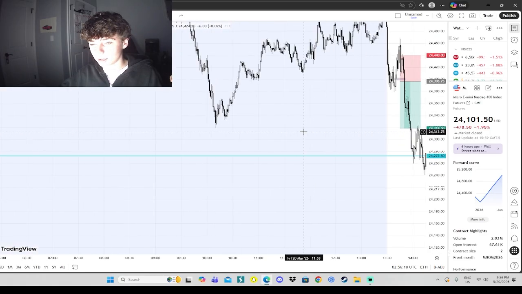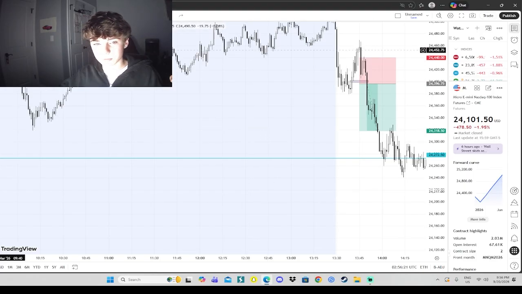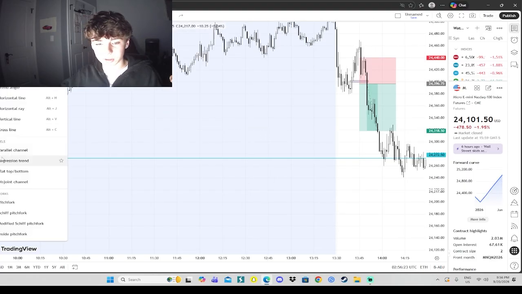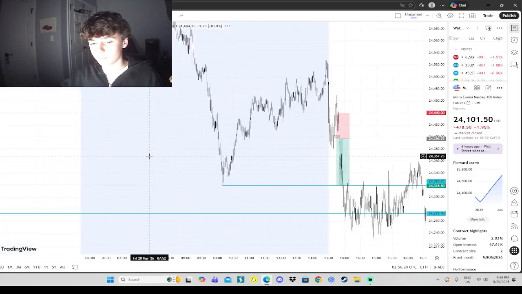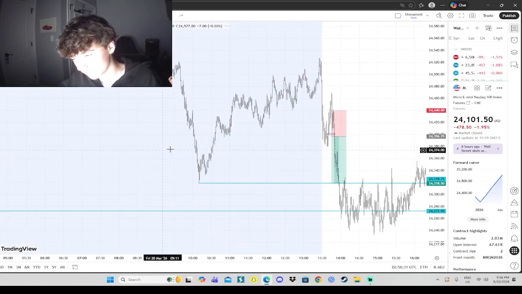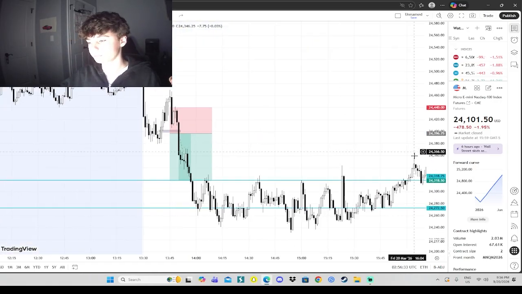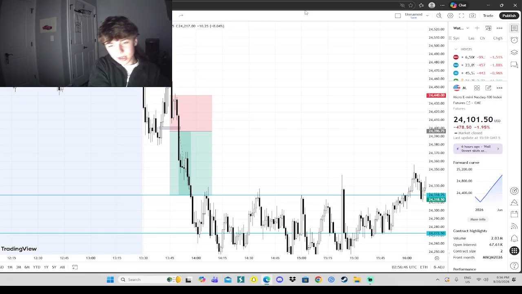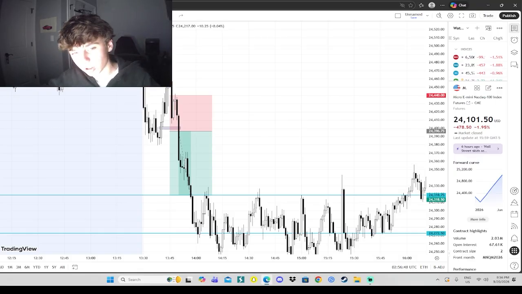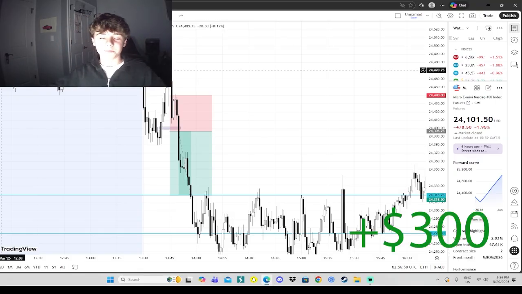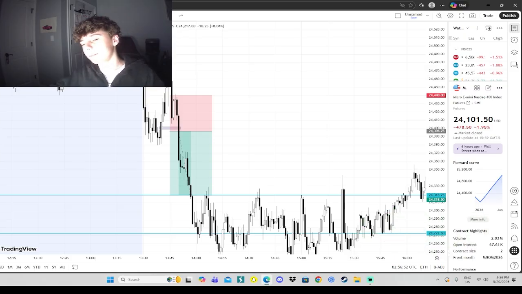And this was my draw on liquidity right here, which was a very clear objective of the day that we wanted to go to. Anyways, I ended this day with around a $300 profit. No, okay, I barely risked anything.